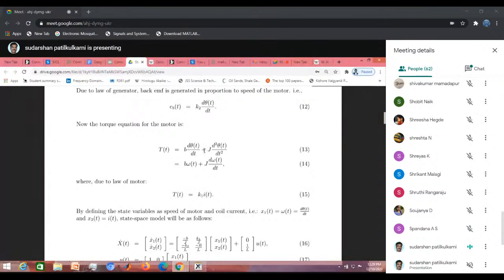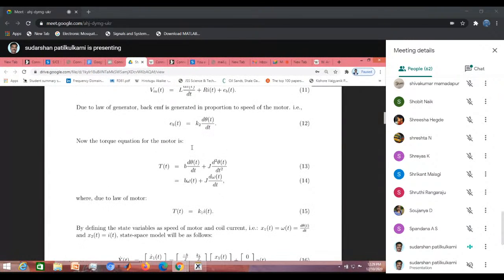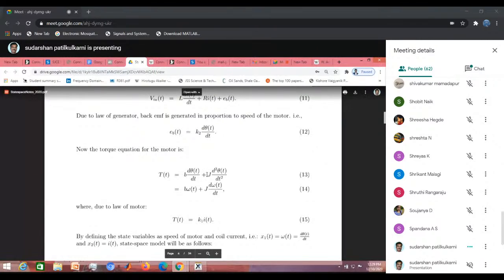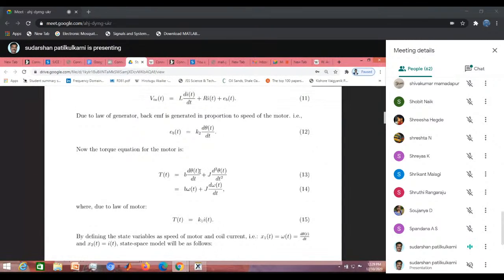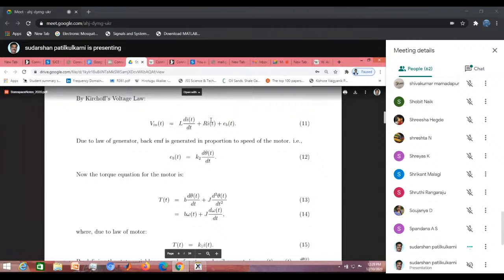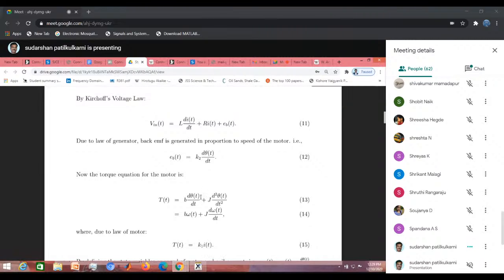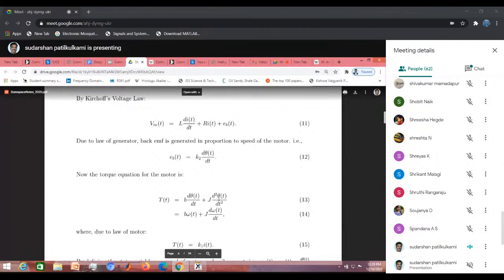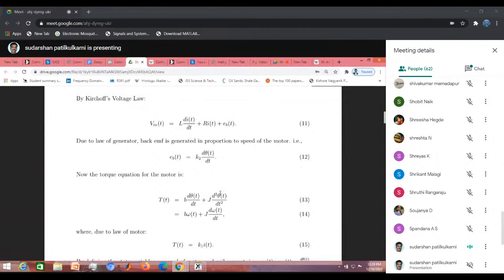When you use equation 13, you have one second order differential equation for torque and another first order differential equation for the voltage. So you have totally a third order system. Therefore, you need to use three state variables.